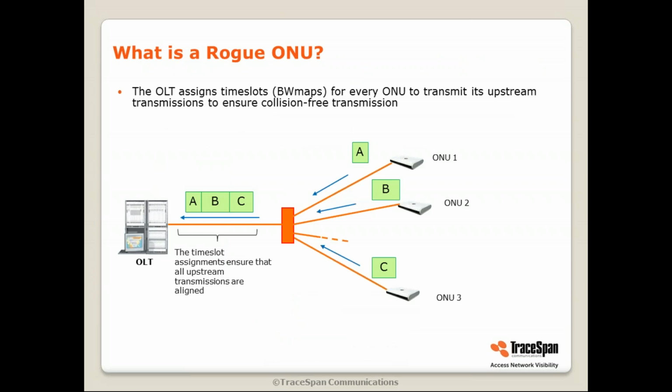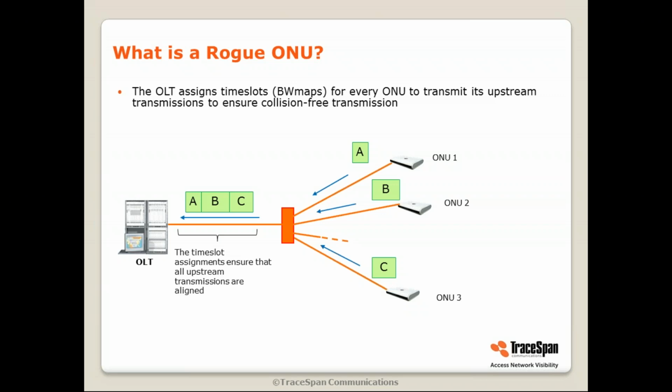Today we'll be talking about the Rogue ONU, and let's first understand what a Rogue ONU is, what characterizes it. To understand this, we need to go back to the basics of GPON or PON transmission in general.